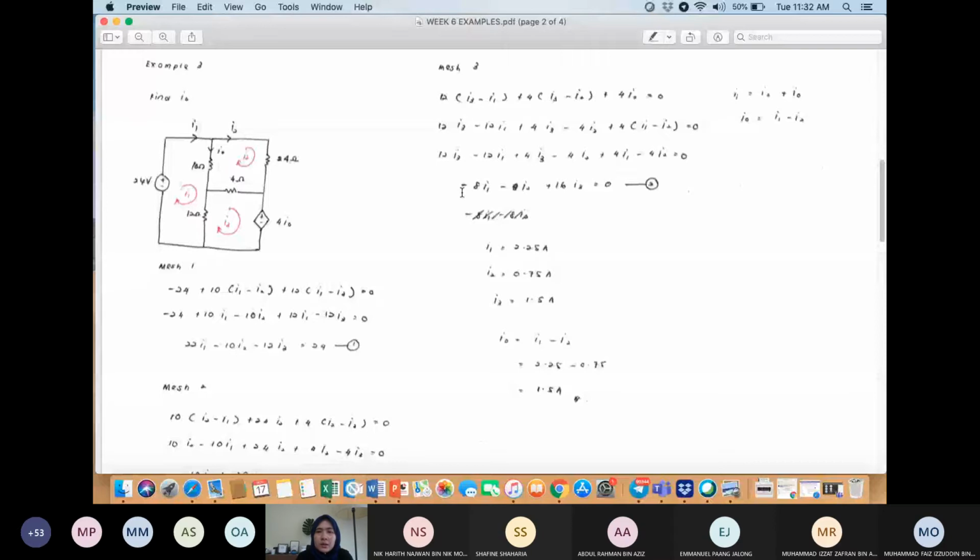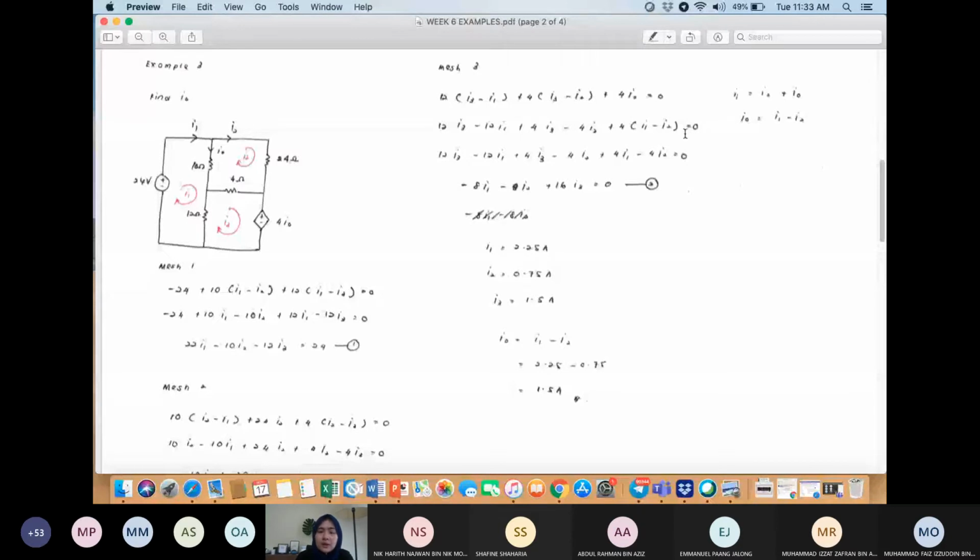But before that, since you have I0 over here, if you use KCL over here, we know that I1 is equals to I2 plus I0. So I0 is actually I1 minus I2. So you change this I0 in this equation. Instead of 4I0, it will become 4 multiplied with I1 minus I2.